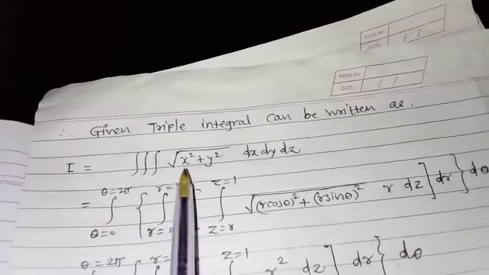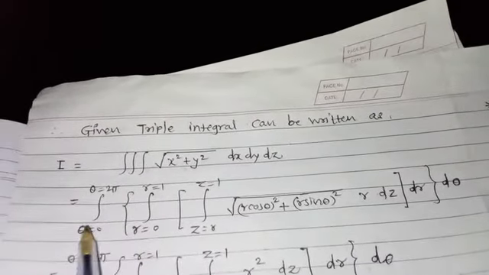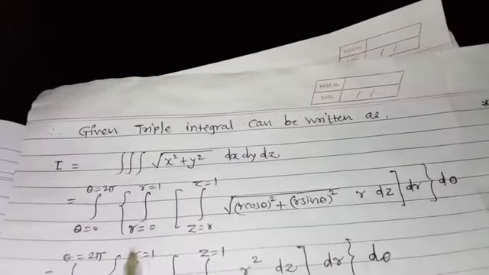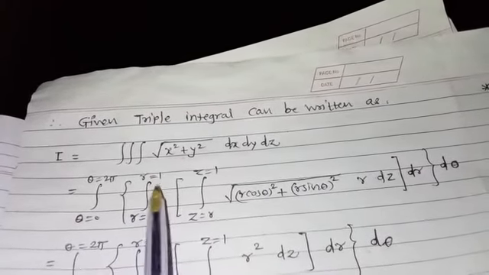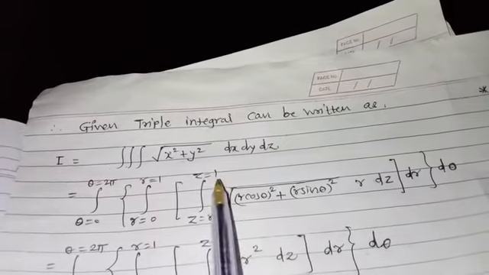Therefore this given triple integral can be written as I equals triple integral of square root of x square plus y square dx dy dz that we have provided. Now we have already found the limits of r, theta and z, so we are using those limits. So here the first limit I have taken, theta varies from 0 to 2 pi, r varies from 0 to 1, z varies from r to 1.